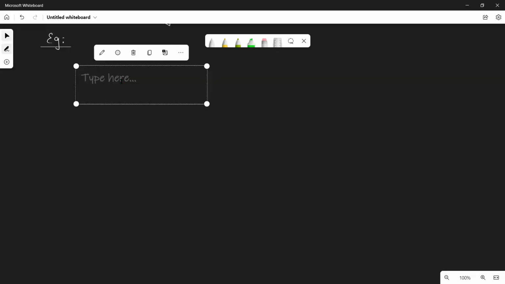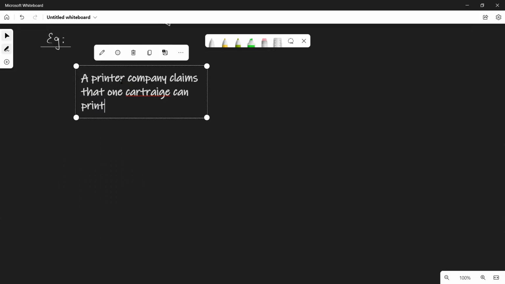So let's say the question is: a printer company claims that one cartridge can print 500 pages on an average.